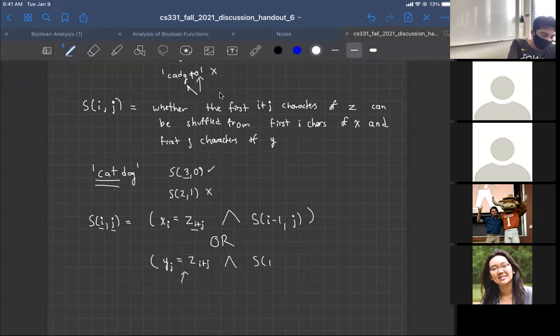I. And then we use the jth character of Y. So the previous J minus 1 characters of Y must be used to shuffle the previous ones. Does this make sense? And this is the recurrence relation. Okay. This is the case that it comes from X, and this is the case that it comes from Y.